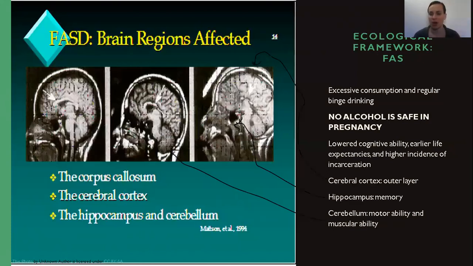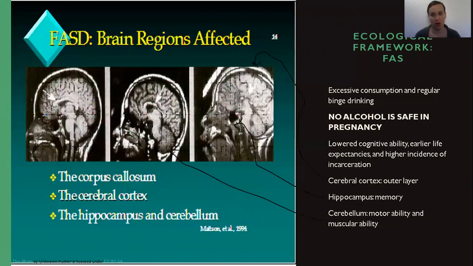When we're talking about brain issues, this picture shows where we are being affected by it. The cerebral cortex, which is the outer layer, should be bumpy and ridged. It can be smooth for people with fetal alcohol, and that definitely affects your IQ and your ability to learn.